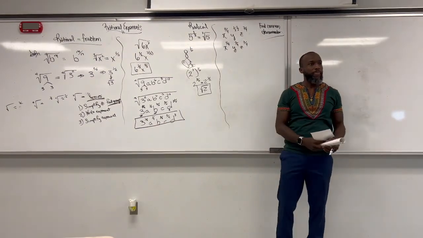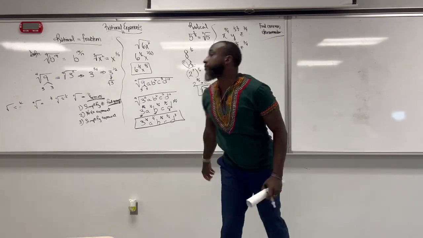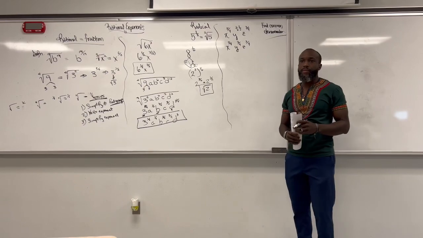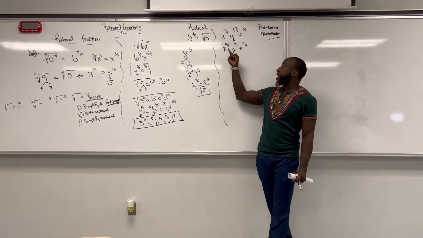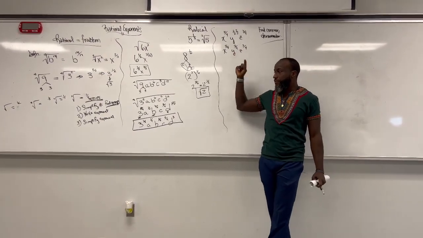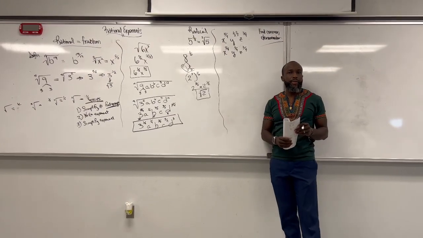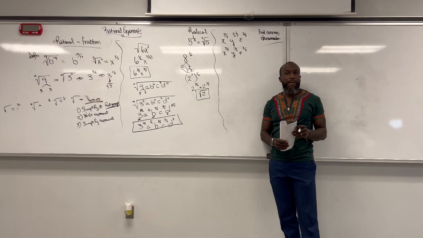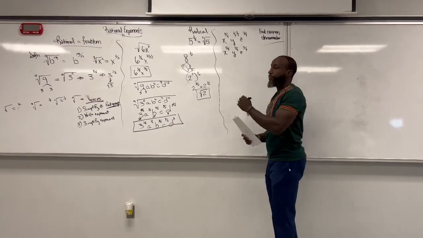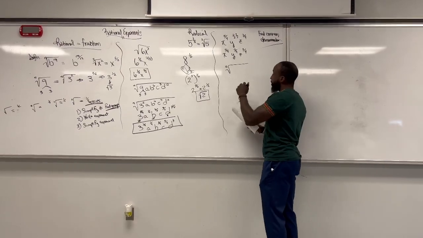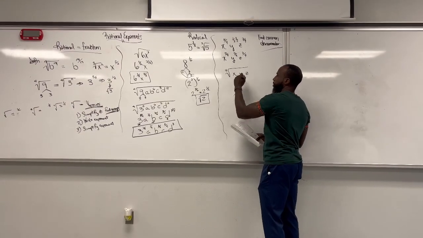Okay? So now these are all the same. So now since the denominators are all the same, we can write out our radical now. What would our radical be? The 4th root of what? x, y, and z? What's our exponents?